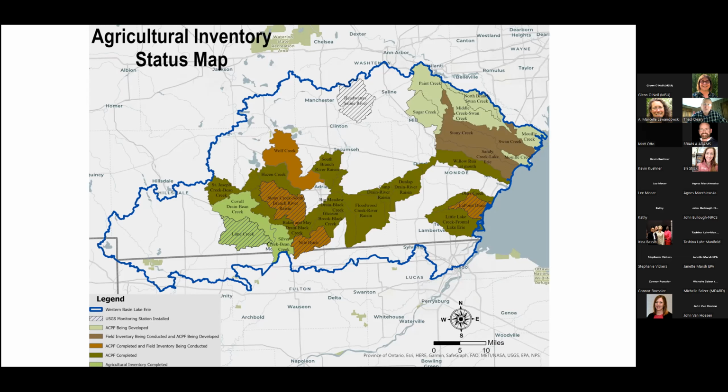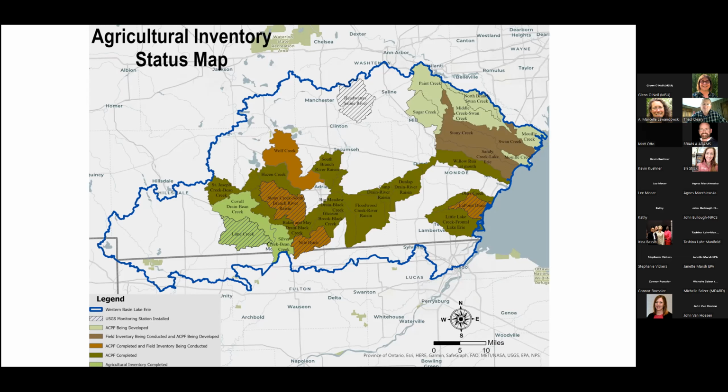The orange colored ones, the 4 of those are where the ACPF is completed and the conservation districts are in the process of completing or have just completed the rest of the ag inventory process. And then the 3 lime colored ones, the Lime Creek, Covell, and Silver there in the southwest part of the watershed, the complete ag inventory process has been completed.